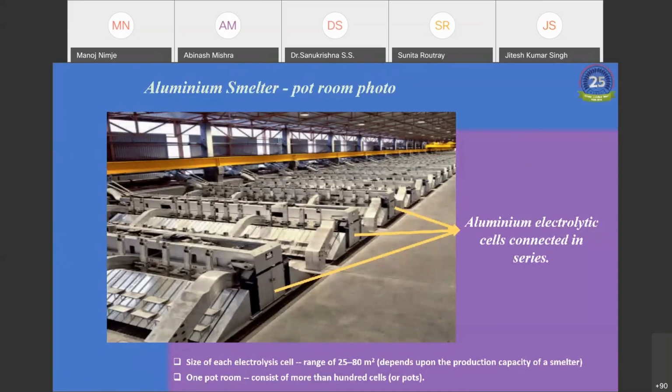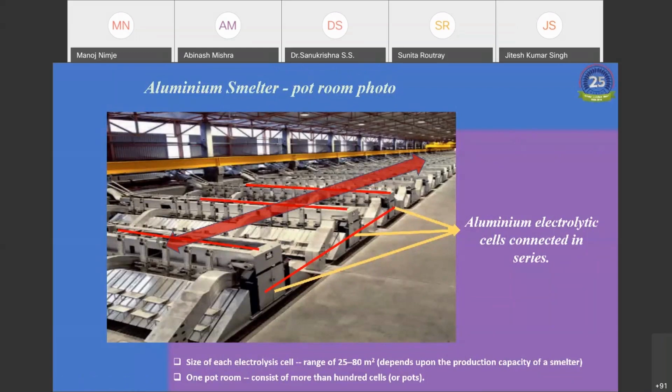The vertical units shown here are called electrolysis pots or electrolysis cells, and these electrolysis cells are connected to each other in series with reference to current.